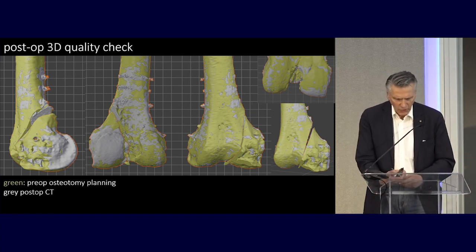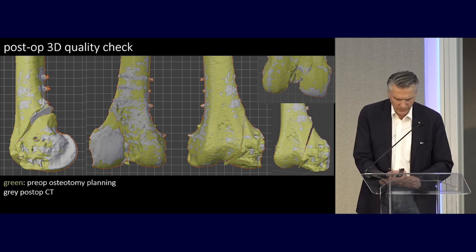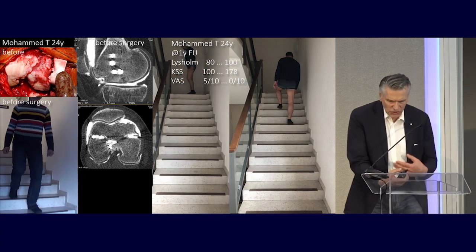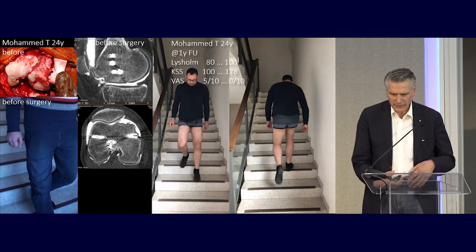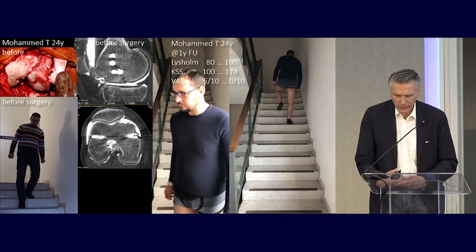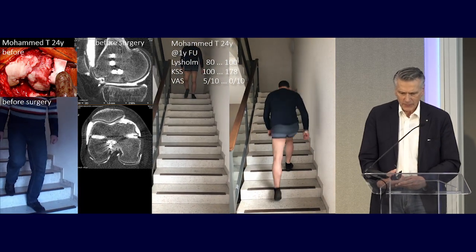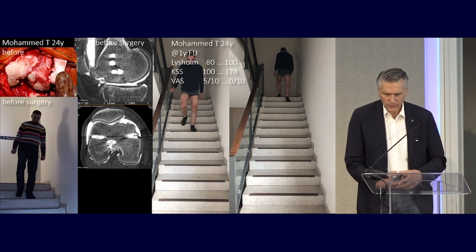So we see the medial condyle came out to length, and this is addressed quite nicely on the imaging. But at the end, what counts is function, and the function also has increased significantly. The Lysholm score went up to 80 out of 100, and the pain significantly reduced from 5 of 10 down to 0 of 10.